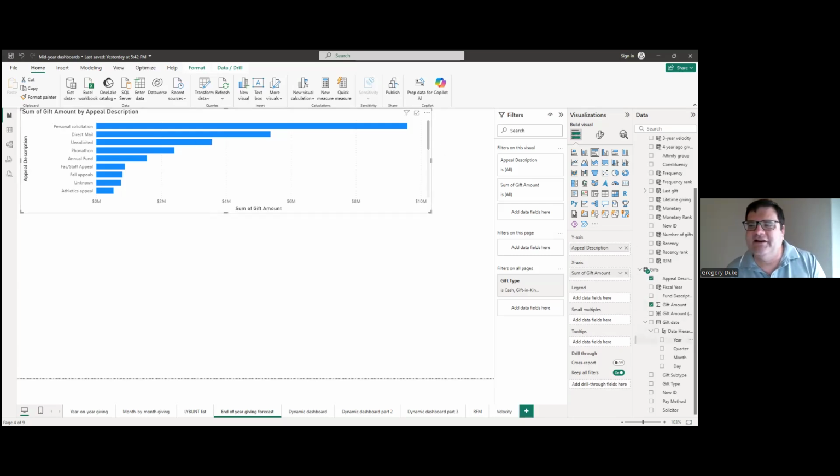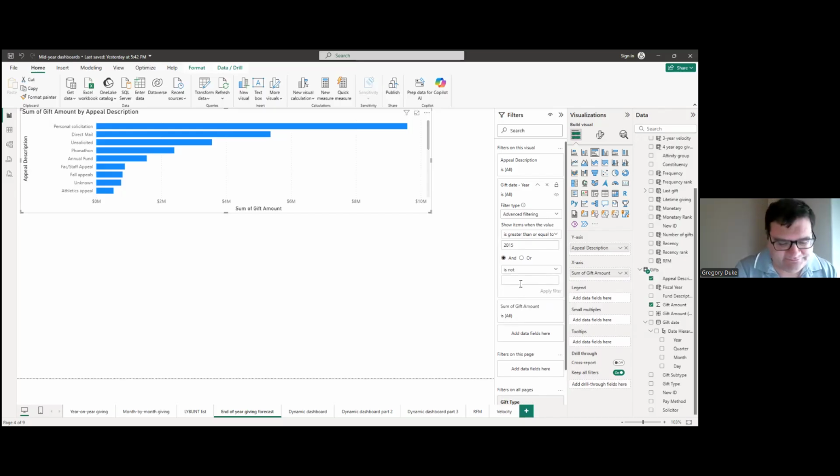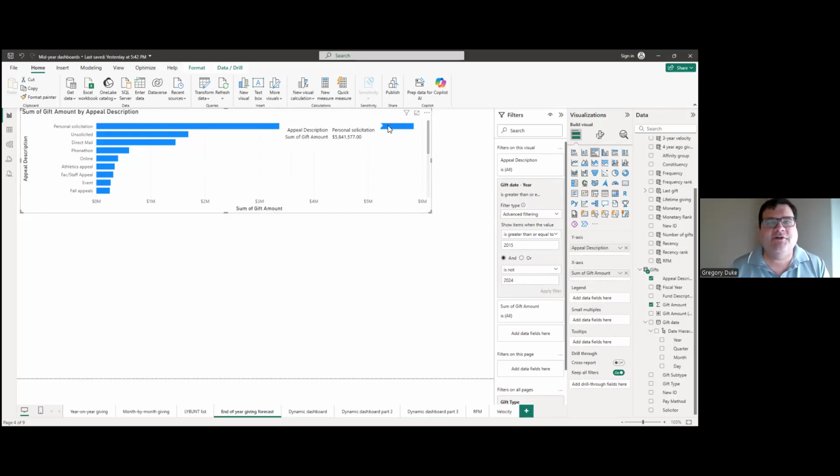So let's look only at the last 10 years, but not this year. So greater than or equal to 2015 and not 2024. Now what we're seeing is that by far personal solicitation was the highest amount.